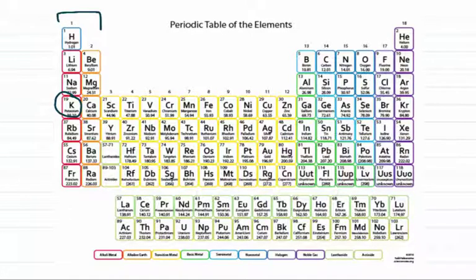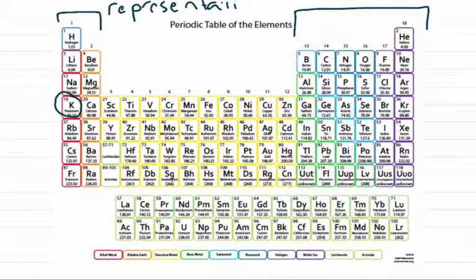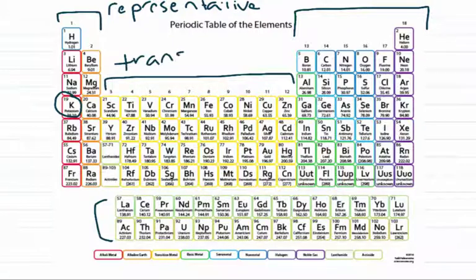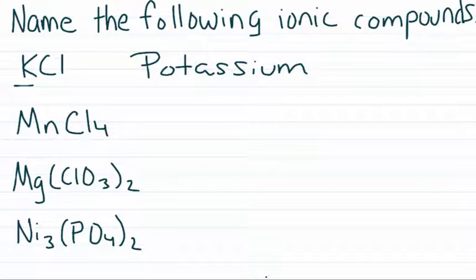Remember, anything in groups 1 and 2 and groups 13 through 18 are representative elements, and anything in groups 3 through 12 and these guys down here are transition elements. If the metal is a representative metal, like potassium is here, then we don't need to add anything else.